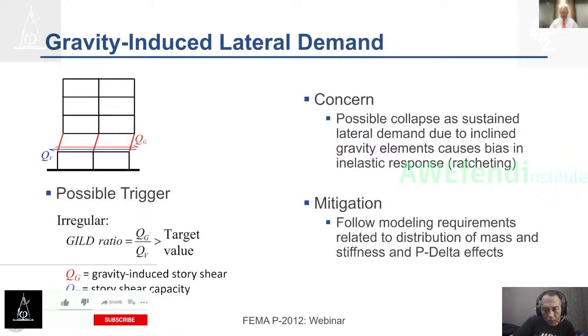So first, on the practical side, how do you know if you have this? Well, I work with architects a lot, and many of my architects, whether it's for programming reasons or for architectural expression, might like a sloping column, or they might like a step in the location of a column from one level to another. As a result, the gravity loads have an inclination in plan. And that means that there is a shear that results in the building as a result of it.